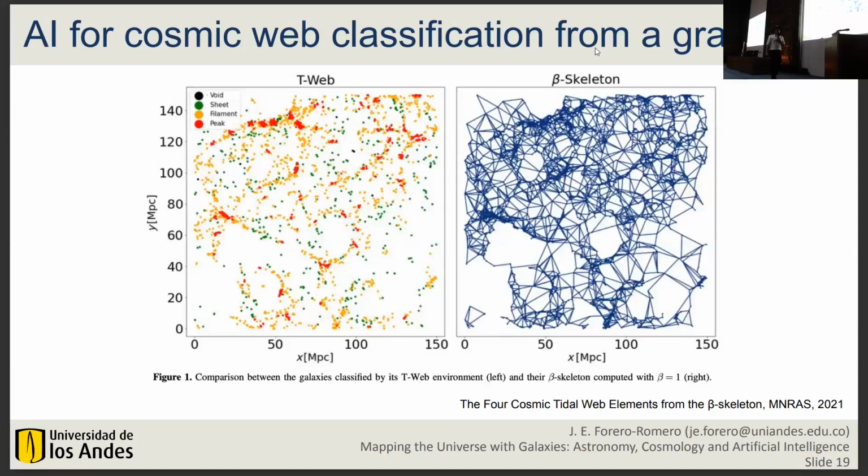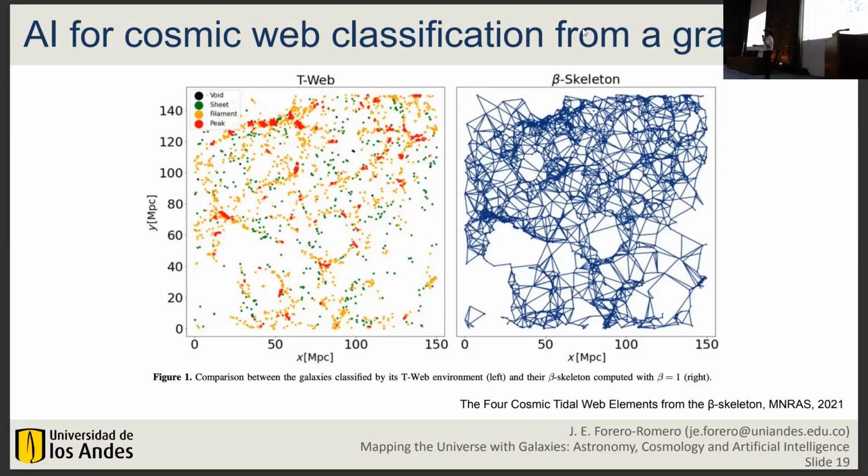And of course, artificial intelligence to define the cosmic web. So now what we are trying to avoid is using a grid. I was telling you before, if you are in a simulation, you have to grid the data, you define a spatial scale, and then all your results depend on that scale.